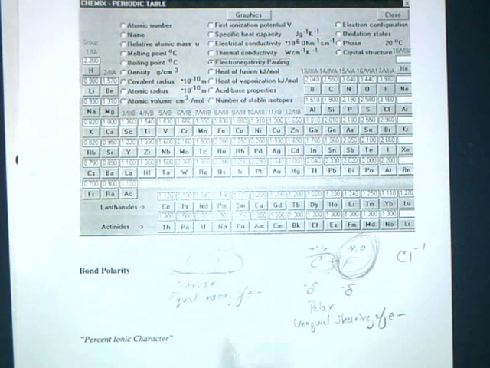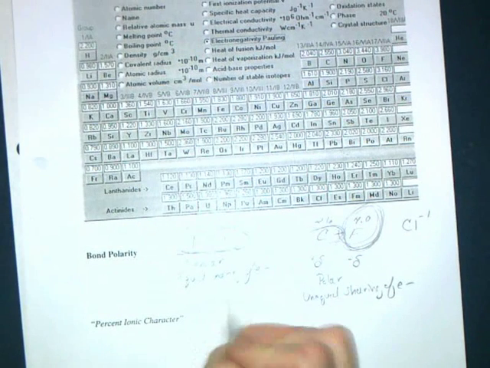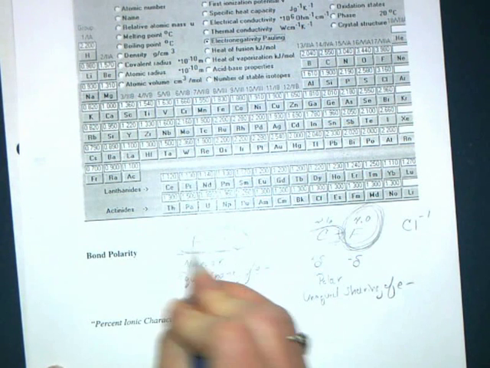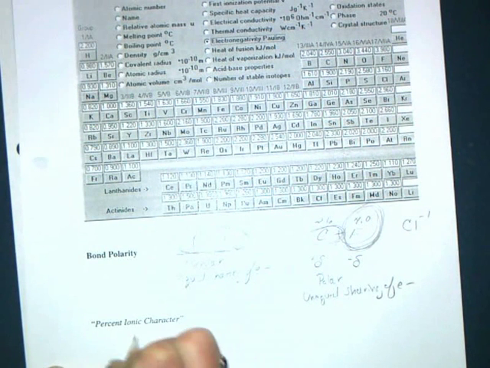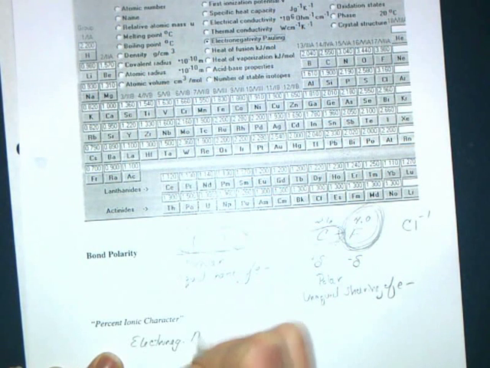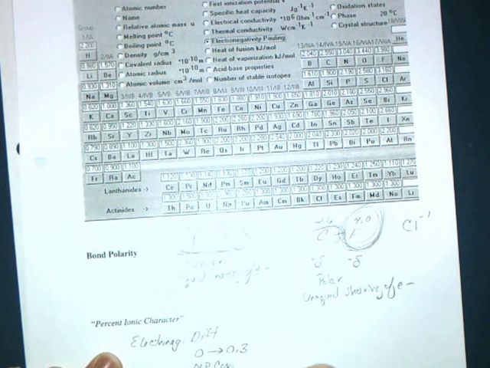So, do we only have nonpolar covalent bonds when they are the same element? The general rule of thumb is this. If you look at the electronegativity between your elements in a bond, if the electronegativity difference, subtracting between the two, is between 0 up to 0.3, then we say it's a nonpolar covalent bond.